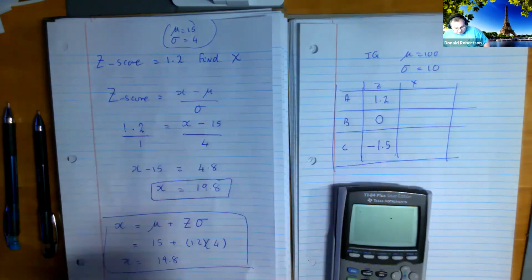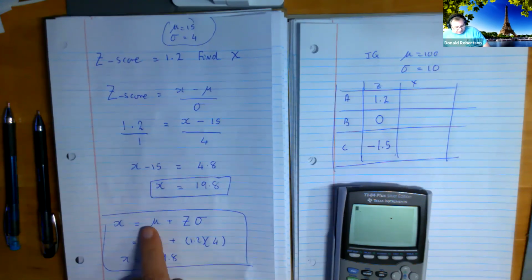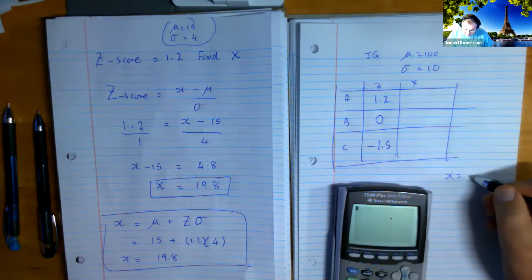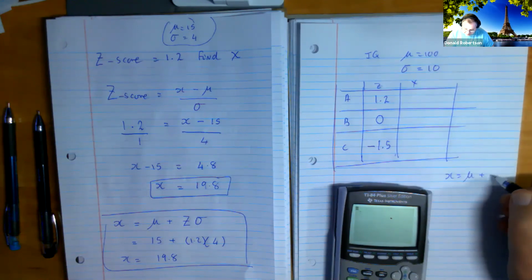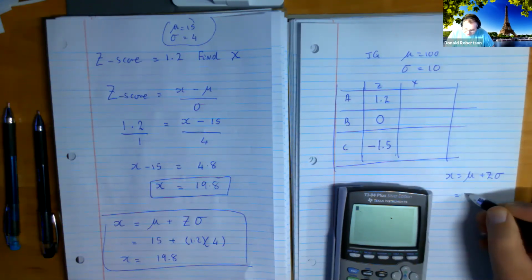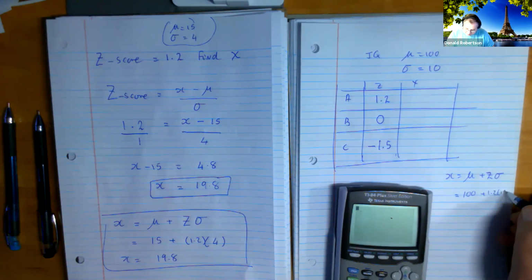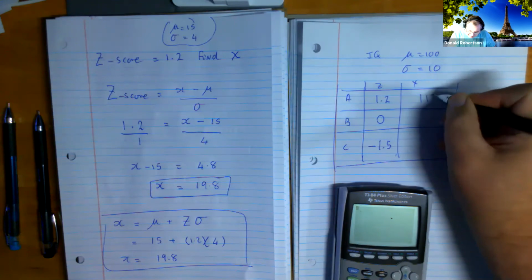For a Z-score of 1.2, you use this fellow over here. So it's going to be the mean plus Z-score times sigma. In this case, it's going to be 100 plus 1.2 times 10, and I make that 112.